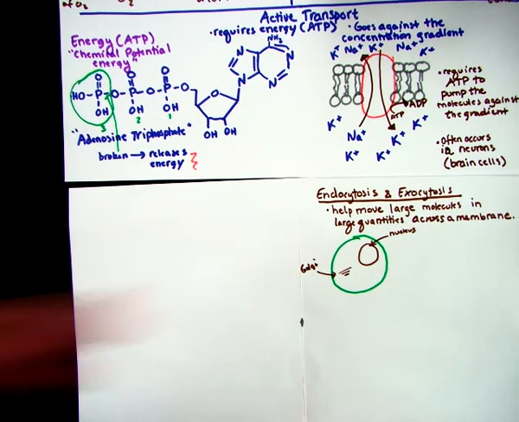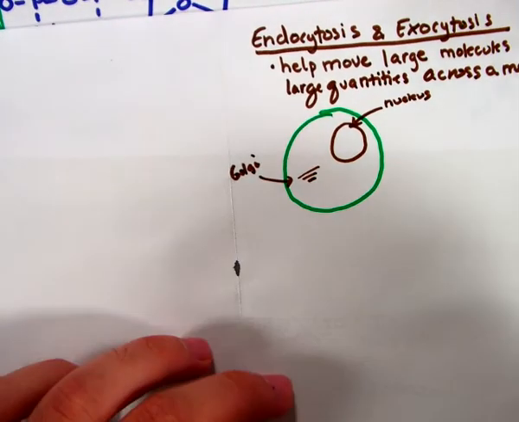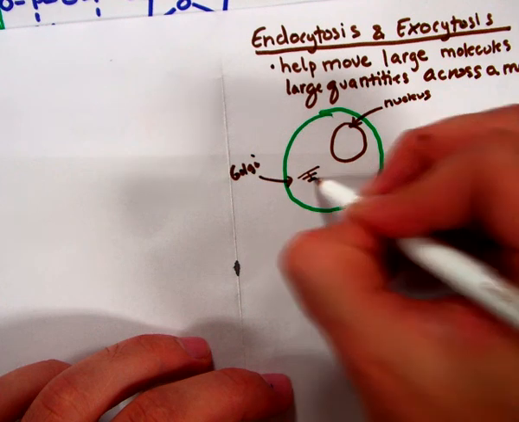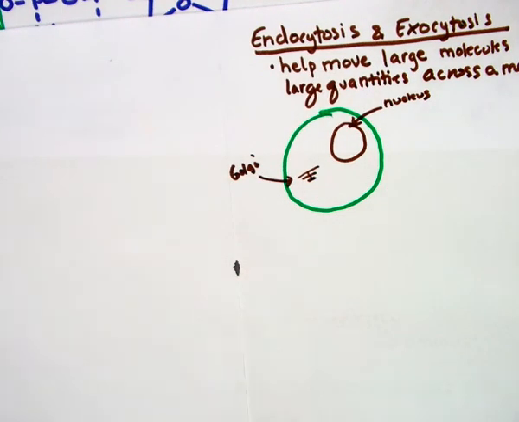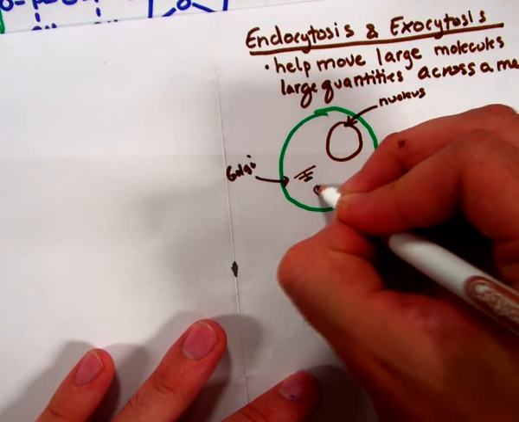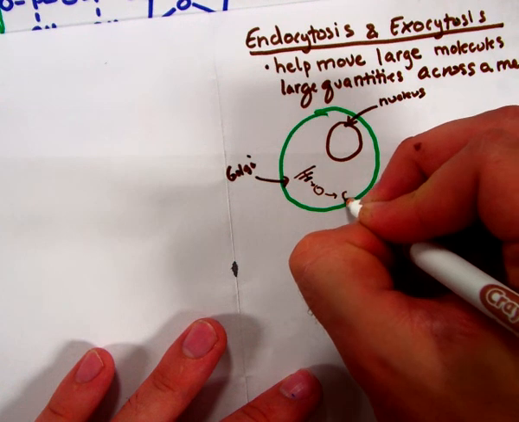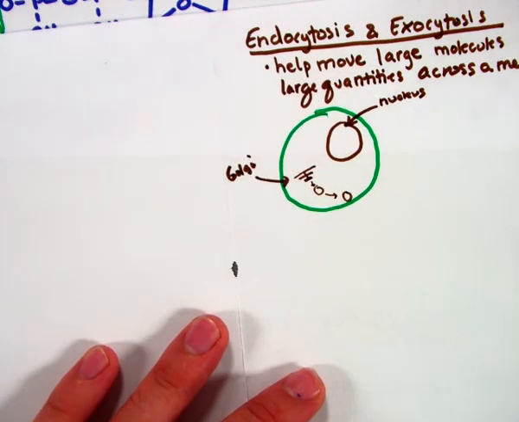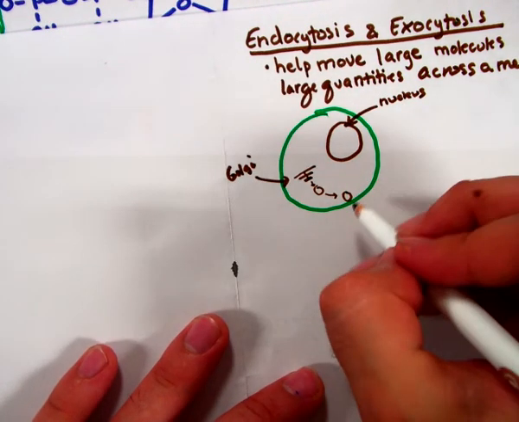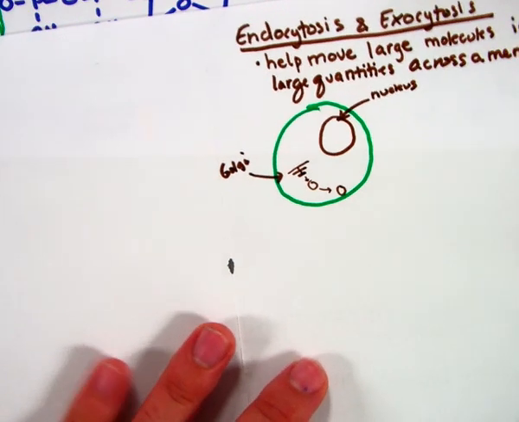So my Golgi apparatus, which we know its job is to send things out of the cell. So what happens is that we have these little vesicles that pop off the Golgi apparatus. And they actually fuse with the membrane.